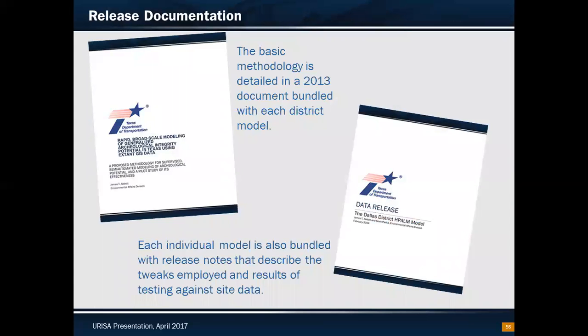Each model is produced, bundled with a raster version, a vector version, and documentation, including the overall modeling method that I developed in 2013, and a data release that runs through the testing and any tweaks that were required to produce that individual model. And that's all bundled into a zip file that you would download when you go get it from our website.